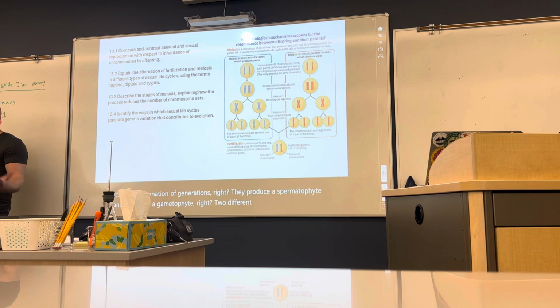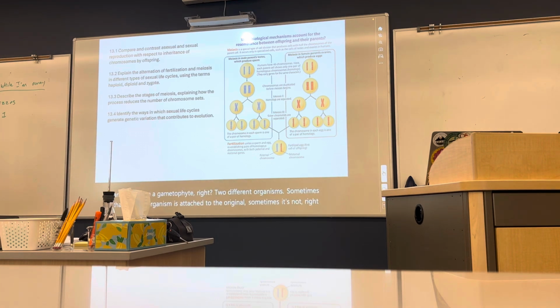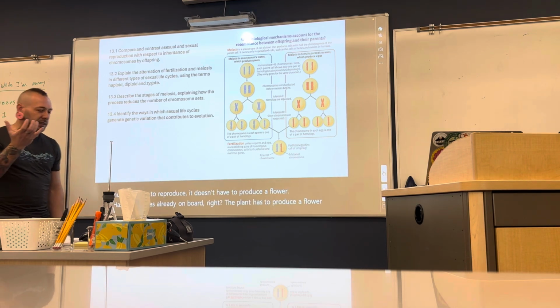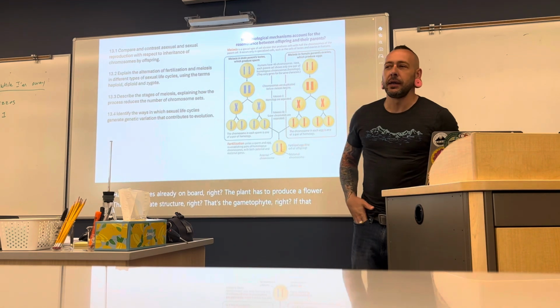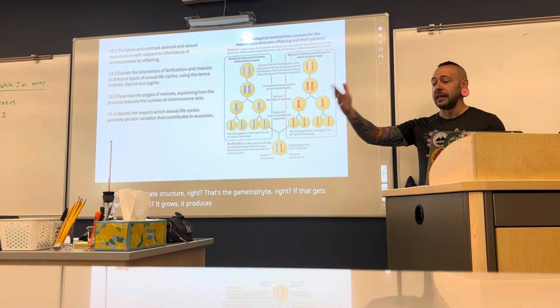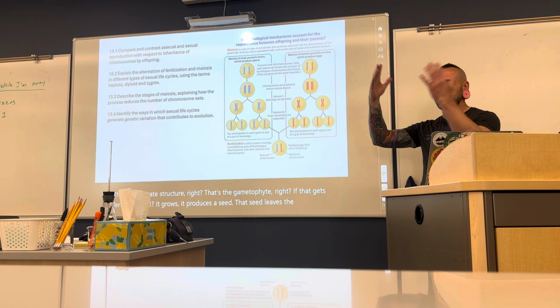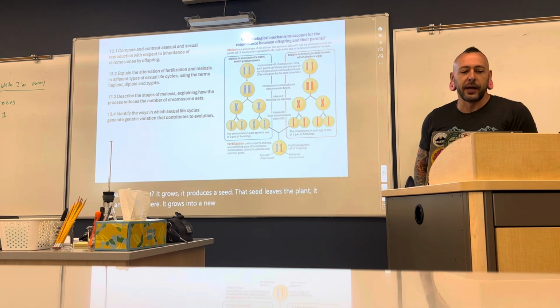Sometimes that second organism is attached to the original, sometimes it's not. But a plant, when it wants to reproduce, produces a flower. When a human wants to reproduce, it doesn't have to produce a flower. It has its gametes already on board. But a plant has to produce a flower. That's a separate structure, that's the gametophyte. If that gets fertilized, it grows, it produces a seed. That seed leaves the plant, lands somewhere, grows into a new tree, and that's the spermatophyte.